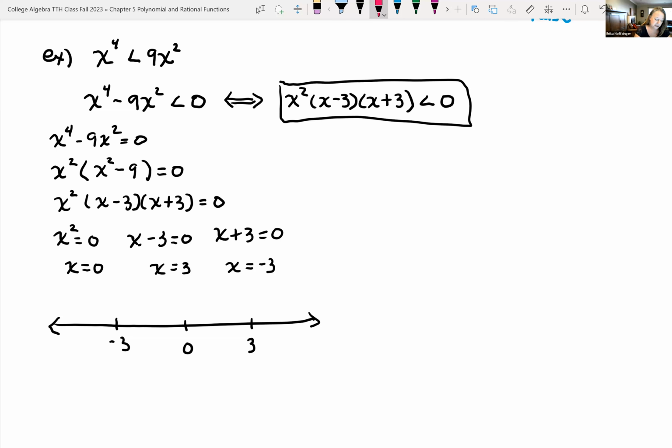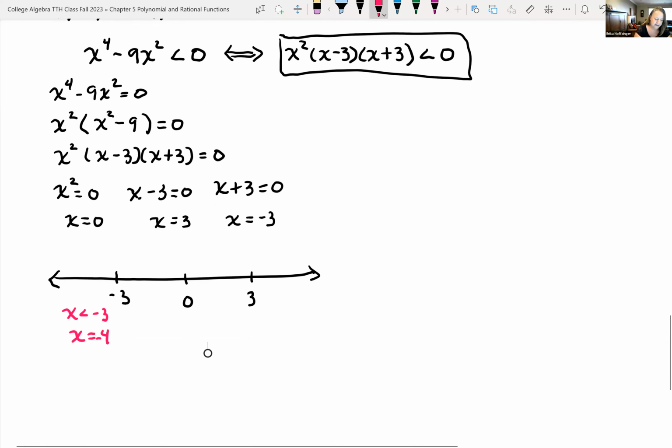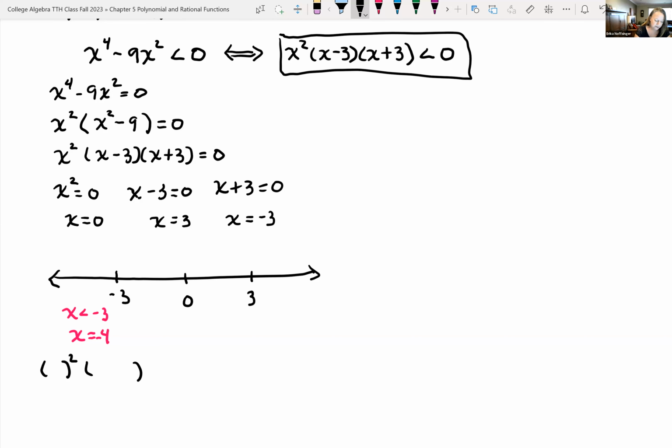And so I want to choose something which is less than negative 3. So choose any number that's less than negative 3. I see that negative 4 is less than negative 3. So if we go back in here, I'm going to put in the factored form, and we plug in negative 4 wherever we see an x.